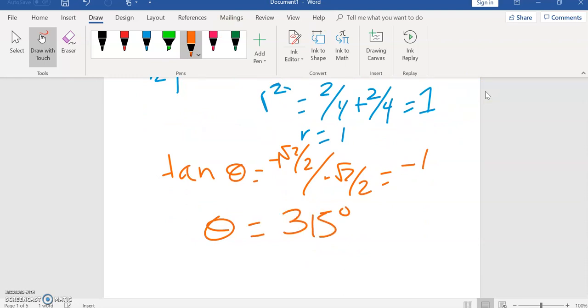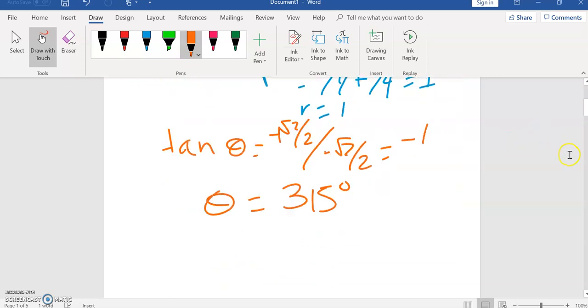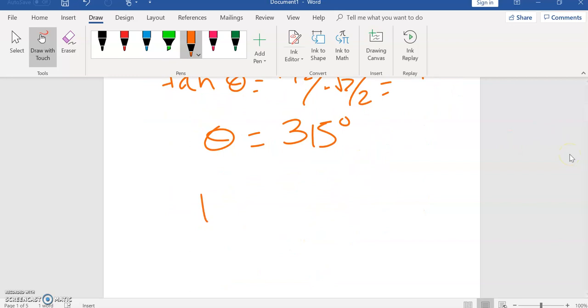This is actually one of your special angles. This is something you could simply get off the unit circle. If you put it in your calculator, you will get negative 45, but we need to be in the fourth quadrant, which negative 45 is. We just prefer the 315. So then our trig form of what we were given is 1 CIS 315, to the 8th.